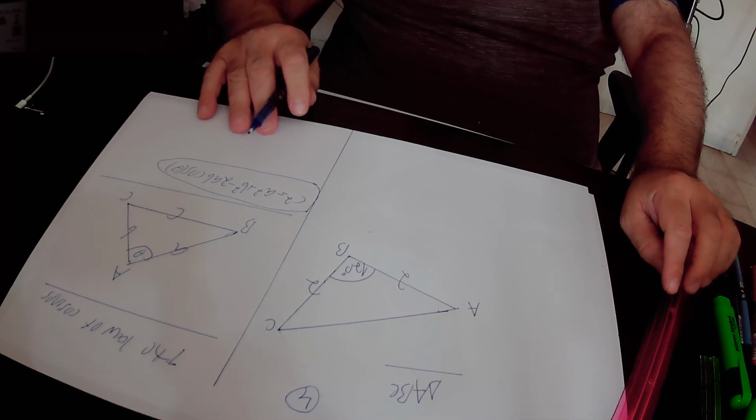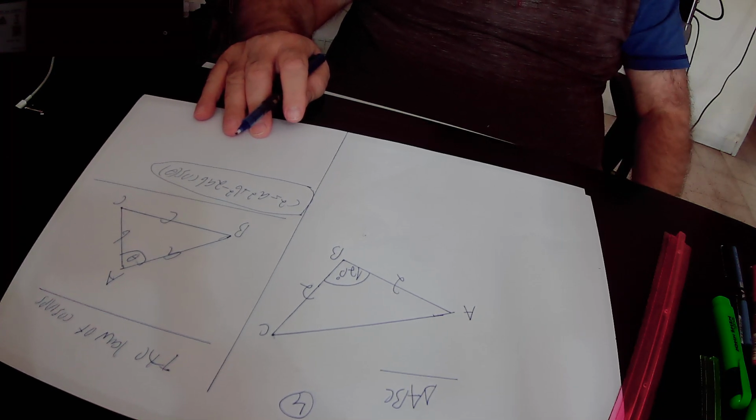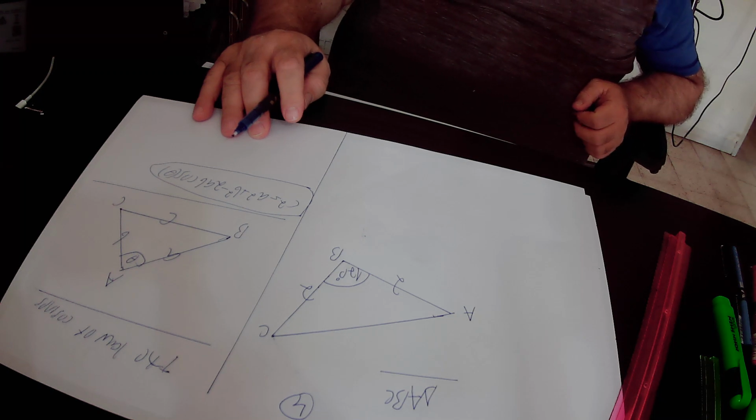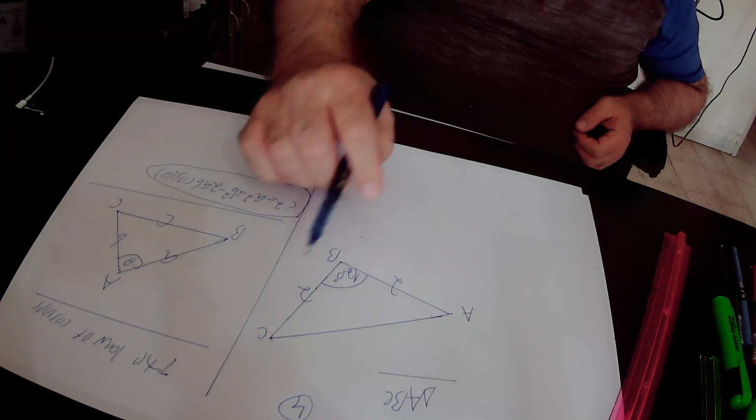We can implement the law of cosines in our triangle, triangle ABC, in order to find the length of side AC.